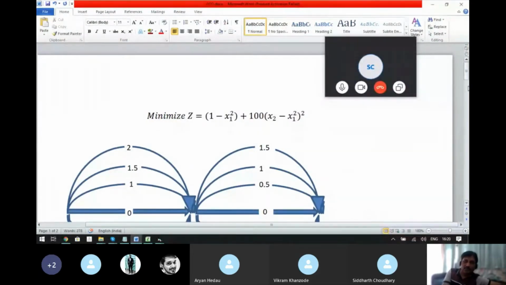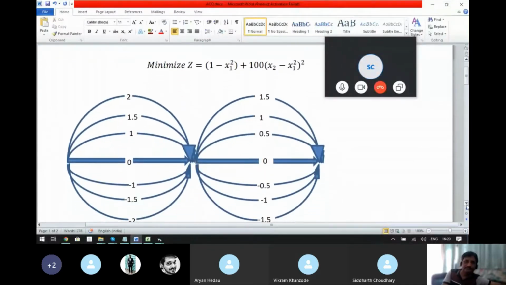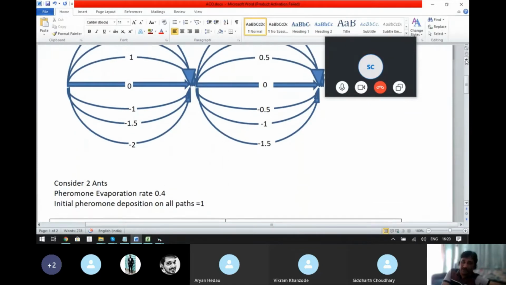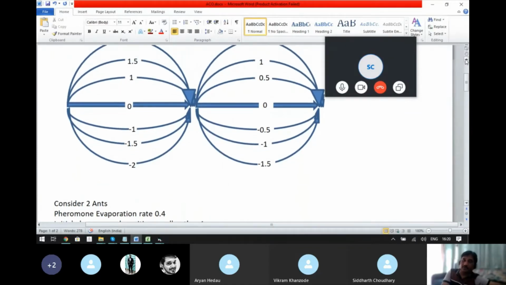So we are taking just 2 ants. All right. And if you recall back from the ant colony algorithm, we have to take some pheromone evaporation rate. These are some settings which will be active when the time of evaporation of pheromone comes.